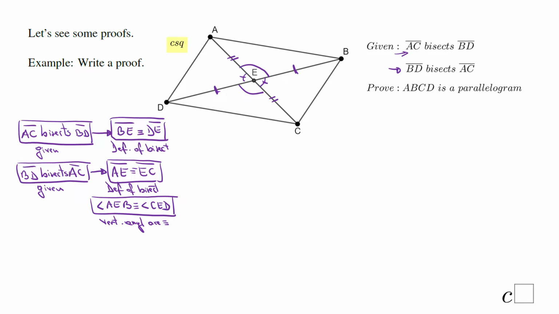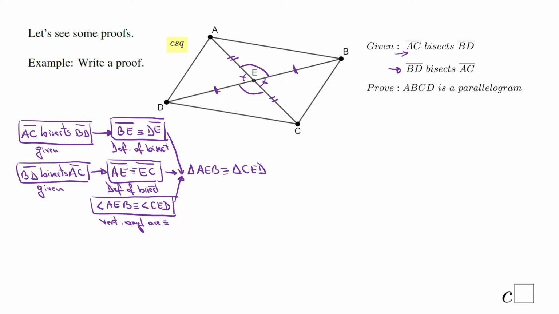Okay, and because we have these three statements now, we can write another one about those two triangles. The top and the bottom, let me call it like that, triangle AEB congruent with triangle CED.